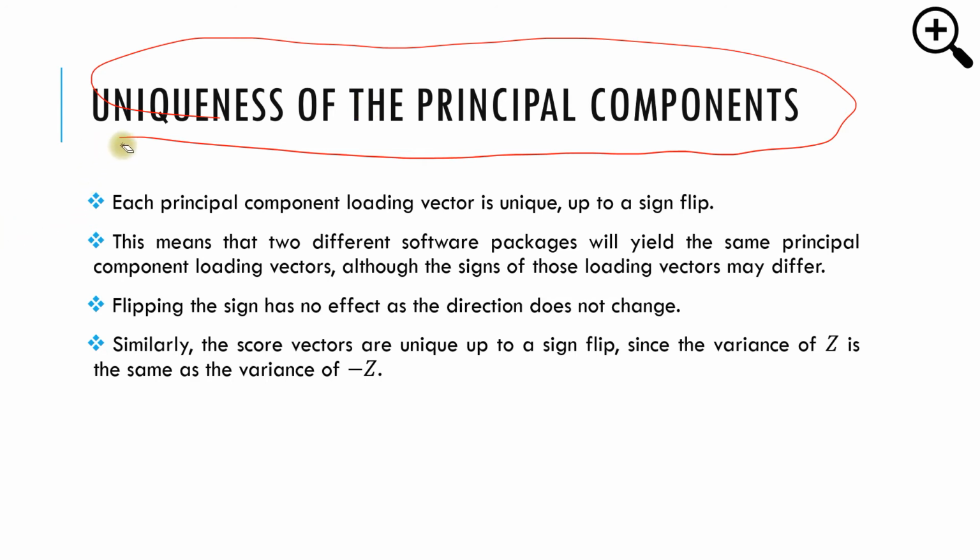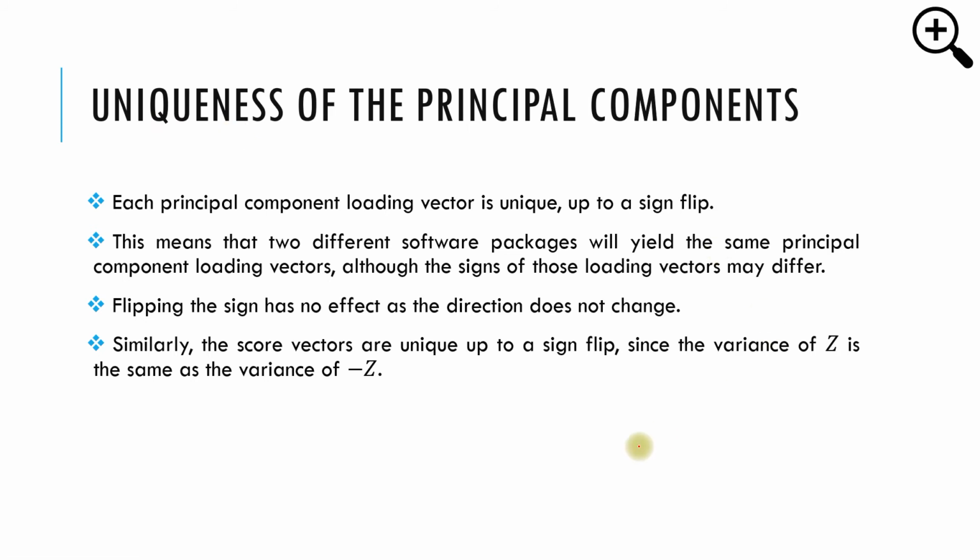If you look at R itself, there are different functions that can be used to run the principal component analysis. With these two functions, you will see that the results are the same, but up to a sign flip.